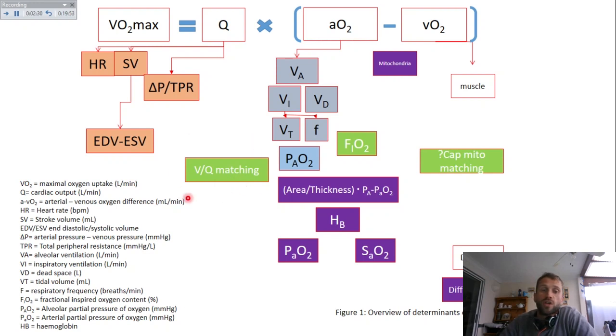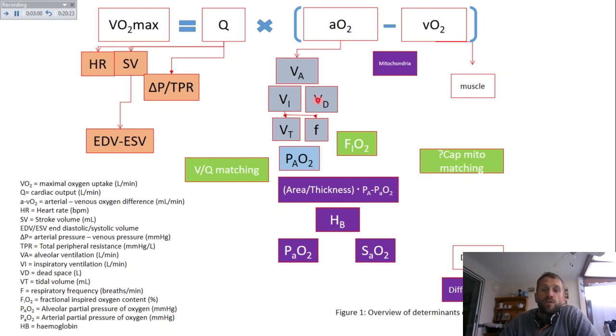You can imagine that if you ventilate part of your lung really heavily, but there's not much blood flowing through it, then it's going to be very difficult for that oxygen to move from the lung into the arterial blood. So an important factor in moving oxygen from the alveolar into the capillary blood is an efficient matching of ventilation to perfusion.